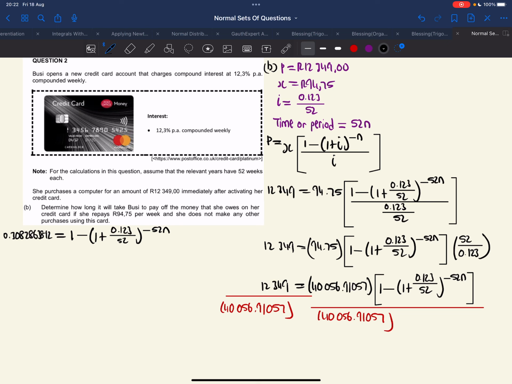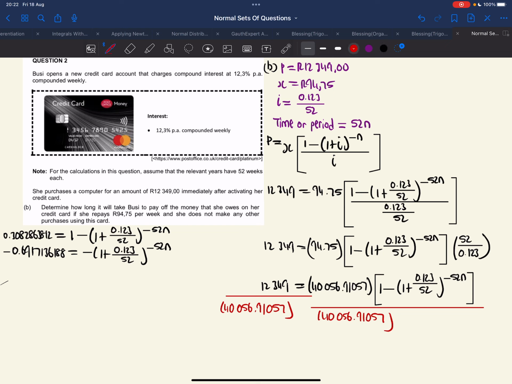You can subtract 1 there, so 0.3082863812 minus 1 gives minus 0.6917136188 equals minus the bracket 1 plus 0.123 over 52 to the power of minus 52n.